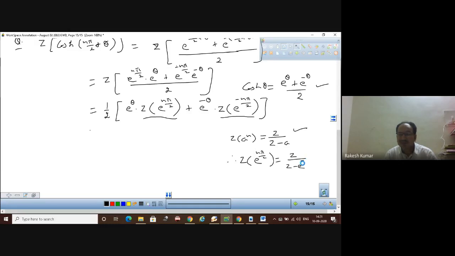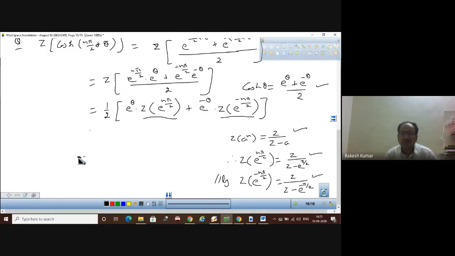By using this formula, we can write down the standard z transformation of this function. And similarly, we can find out the z transformation of e raised to power negative n pi by 2. That should be z over z minus e raised to power minus pi by 2.